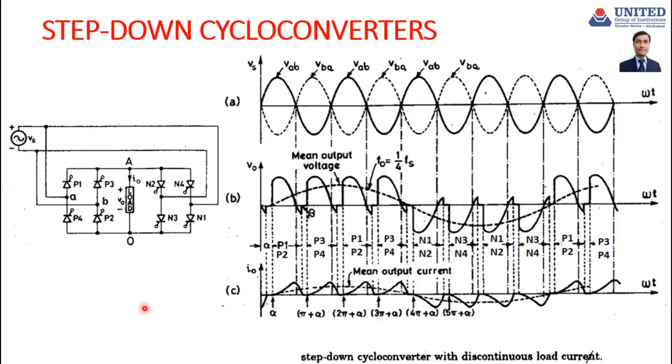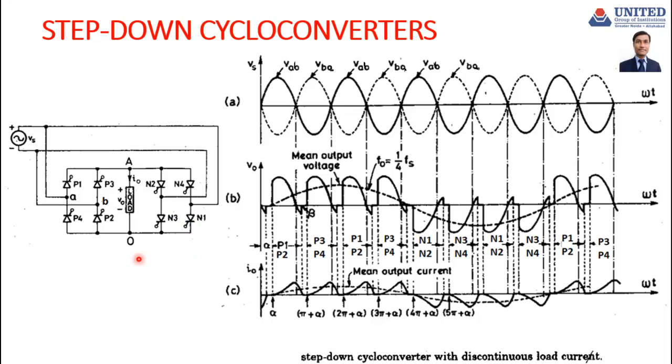So in the operation of bridge type configuration, during the positive half cycle of supply voltage, when small a is positive with respect to small b, then thyristors P1, P2 and N1, N2 are forward biased.